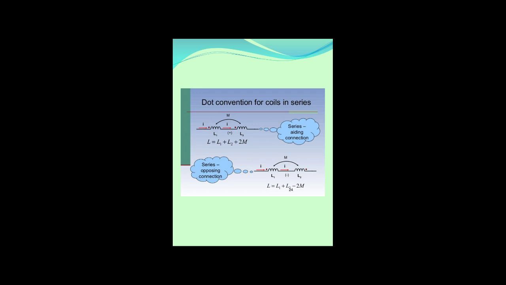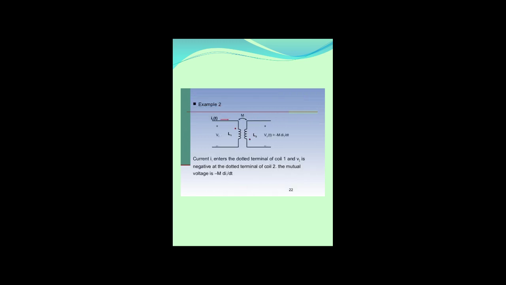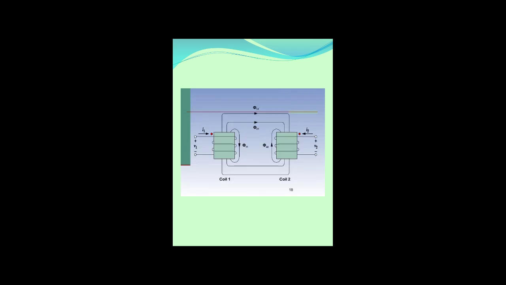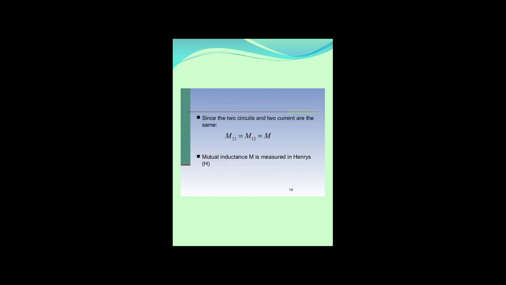The induced EMF is written as V is equal to L di upon dt. But from Faraday's law, we know that V is equal to N d phi upon dt.